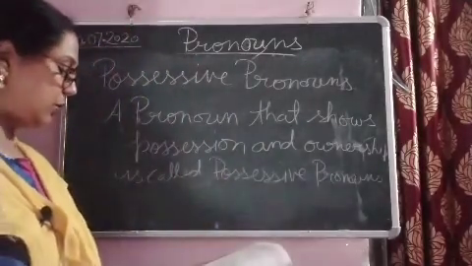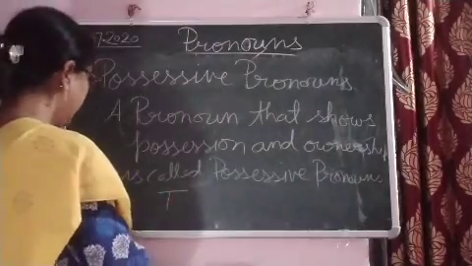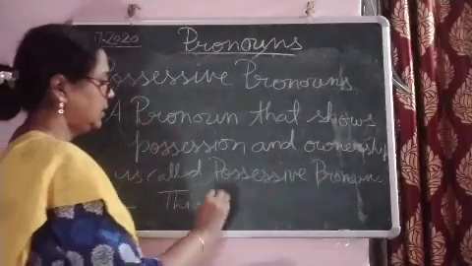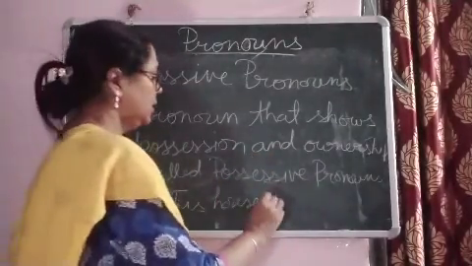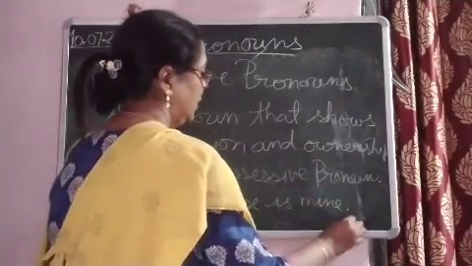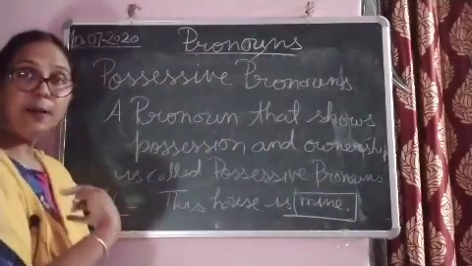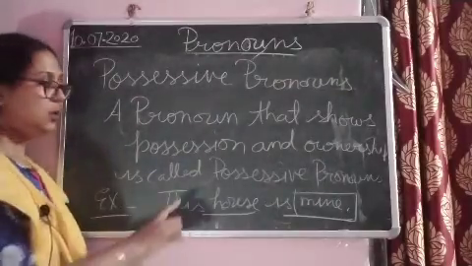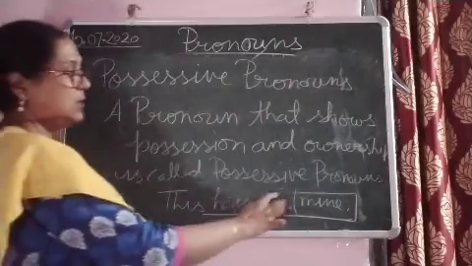So I am going to write over here, for example, this house or pen is mine. Now this word is showing my possession of the house. So I am the owner of this house. This house is mine.